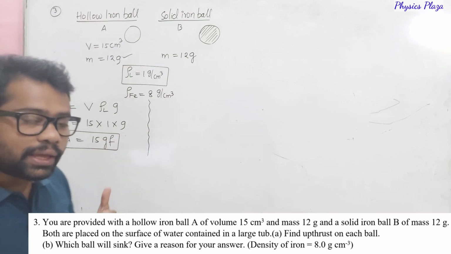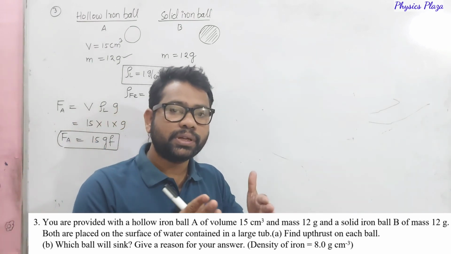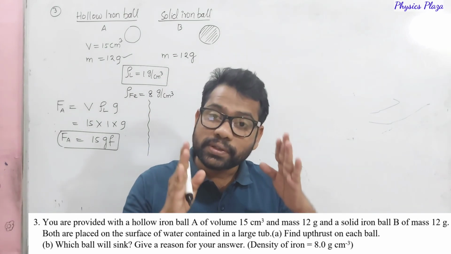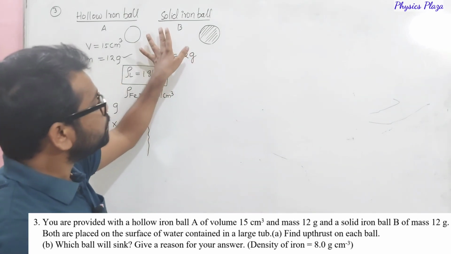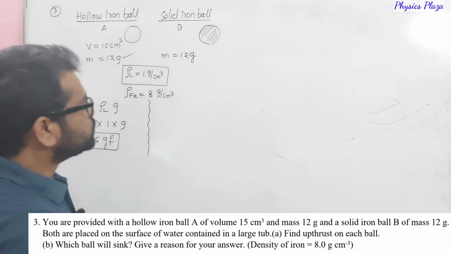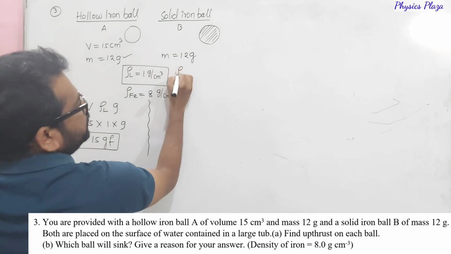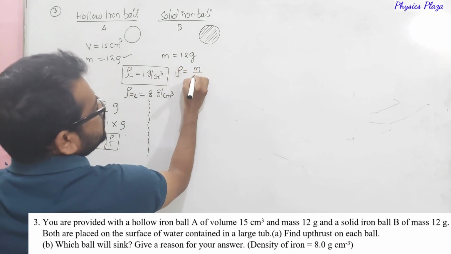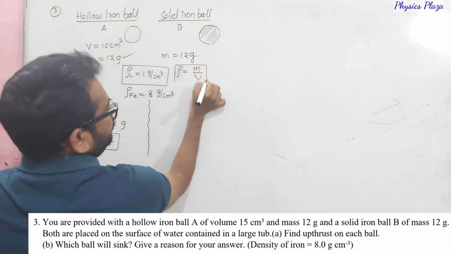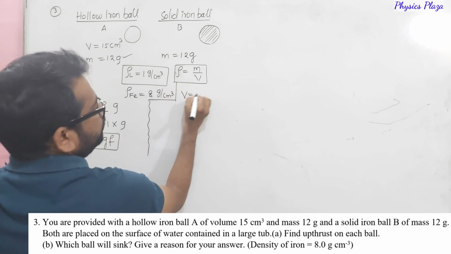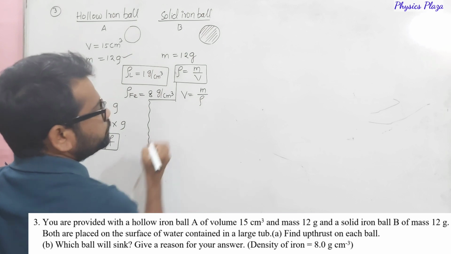But we cannot calculate the upthrust acting on the solid iron ball directly, because we don't know the volume. First, let us calculate the volume of the solid iron ball. We know that density is equal to mass per volume. From this we can rewrite: volume is equal to mass per density.